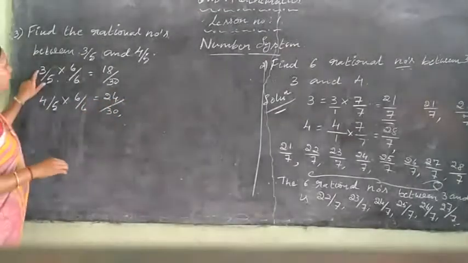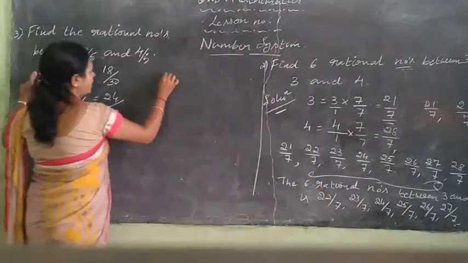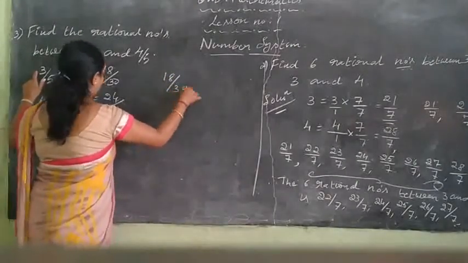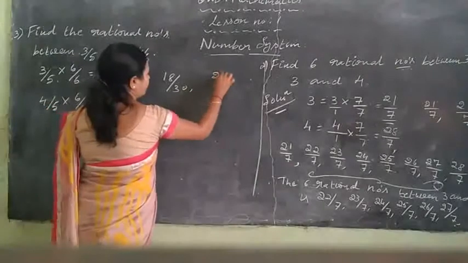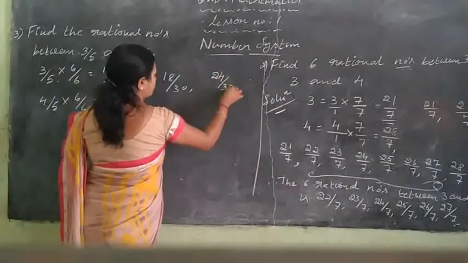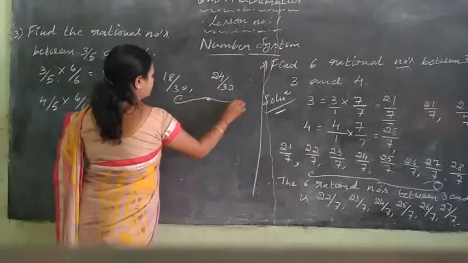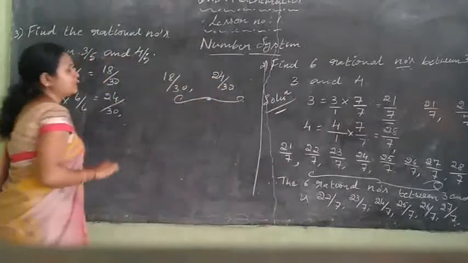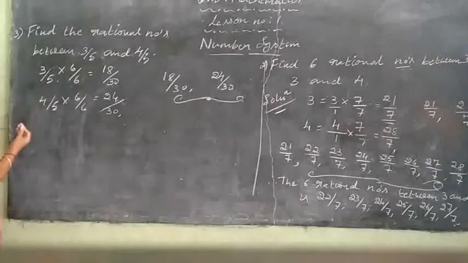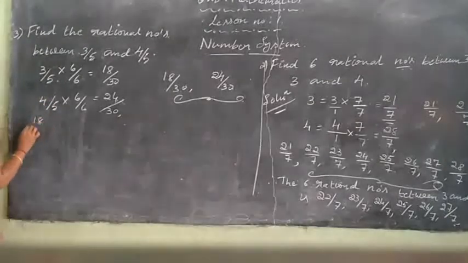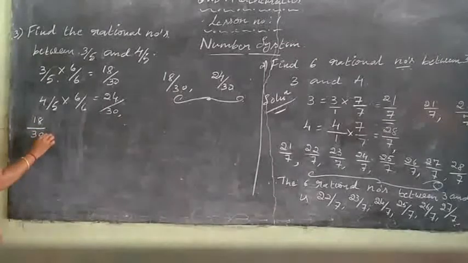Okay, now 3 by 5 we have written as 18 by 30 and 4 by 5 as 24 by 30. Now we have to write the 6 rational numbers between these two numbers. First number is 18 by 30, let it be like that only.